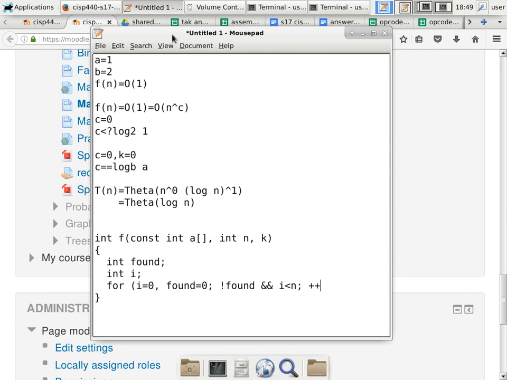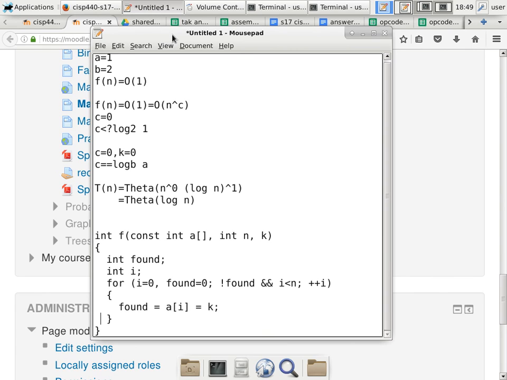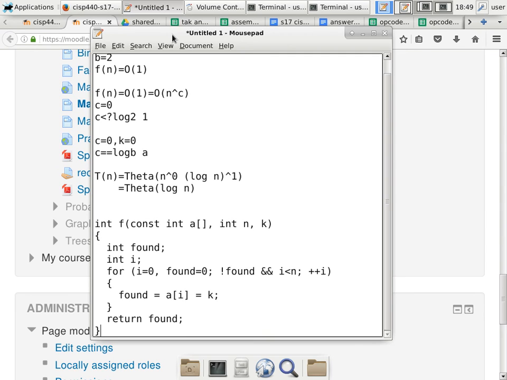We do the following, and then we always increment i after each iteration, as the post operation. And what we really need to do in here is really just to assign found to the value of the expression a[i] equals to k. And then we just return found.